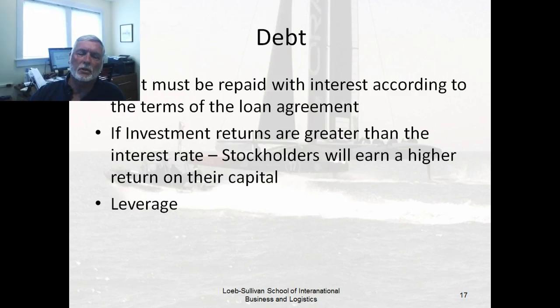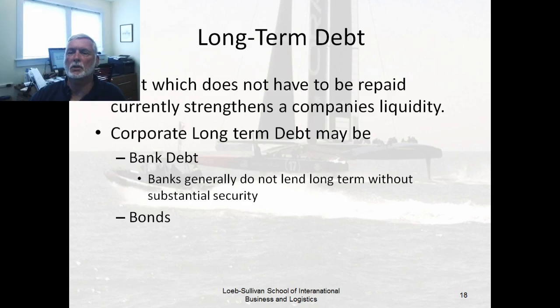So significantly two kinds of debt. There's long-term debt and short-term debt. Long-term debt does not have to be paid within 12 months. That's the accounting definition. So it doesn't have to be repaid currently, and that generally strengthens a company's liquidity. So if you borrow money long-term, what you get for that is cash, which is a short-term or current asset.